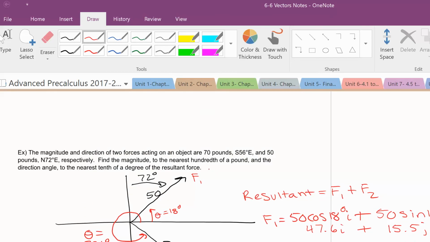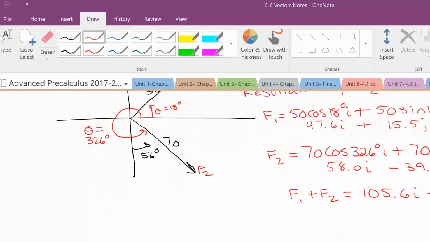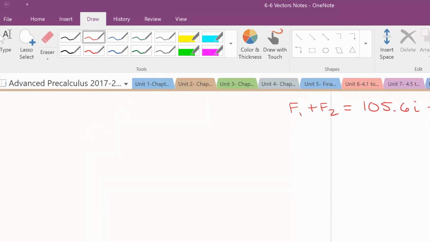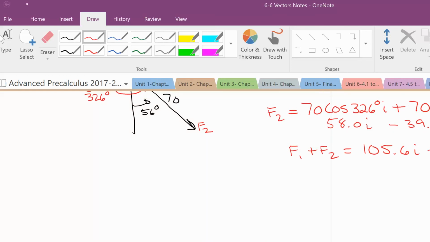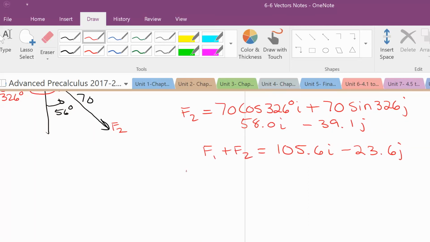Now what the problem is asking is to find the magnitude, to the nearest hundredth of a pound, of the resultant force. So we've got to find the magnitude and the direction angle. To find the magnitude of force 1 plus force 2, remember we can just go 105.6 squared plus negative 23.6 squared.